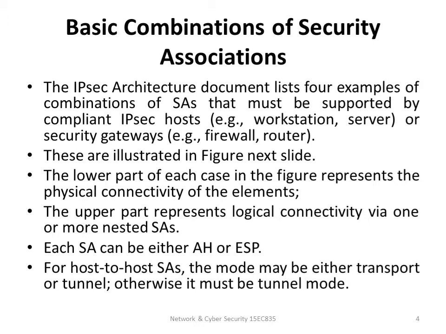The lower part of each case in the figure represents the physical connectivity of the elements. The upper part represents the logical connectivity via one or more nested SAs. Each SA can be either AH or ESP. For host-to-host SAs, the mode may be either transport or tunnel, otherwise it must be tunnel mode.